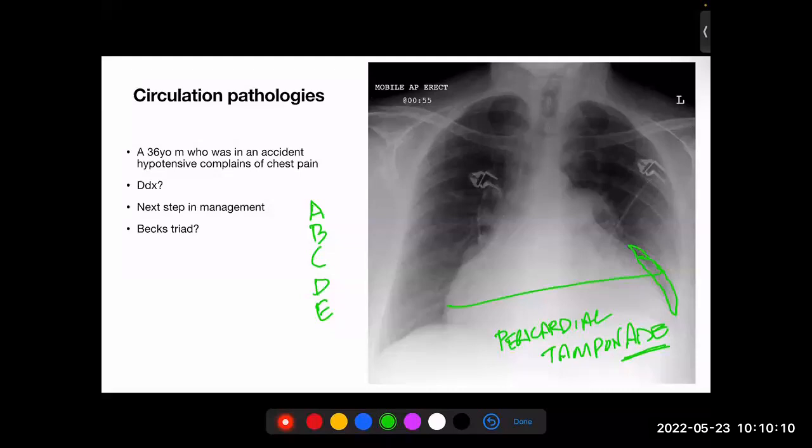So what is the next step in management of this patient? Needle pericardiocentesis. I agree with you. Then what's Beck's triad? It's a combination of three things. Hypotension, muffled heart sounds, and distended neck veins.